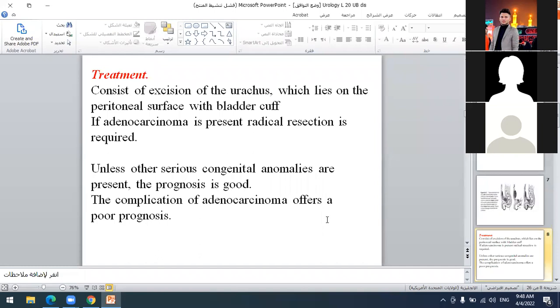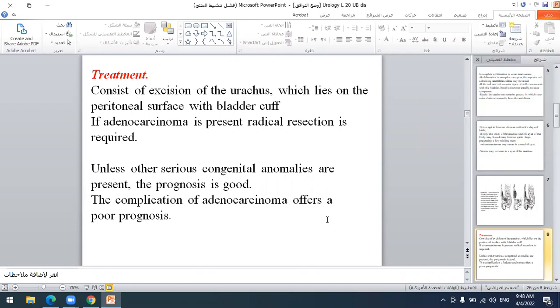In spite of that, if we do resection of the urachus, it is considered a case of good prognosis, but if there is a complication by adenocarcinoma, it has a poor prognosis.